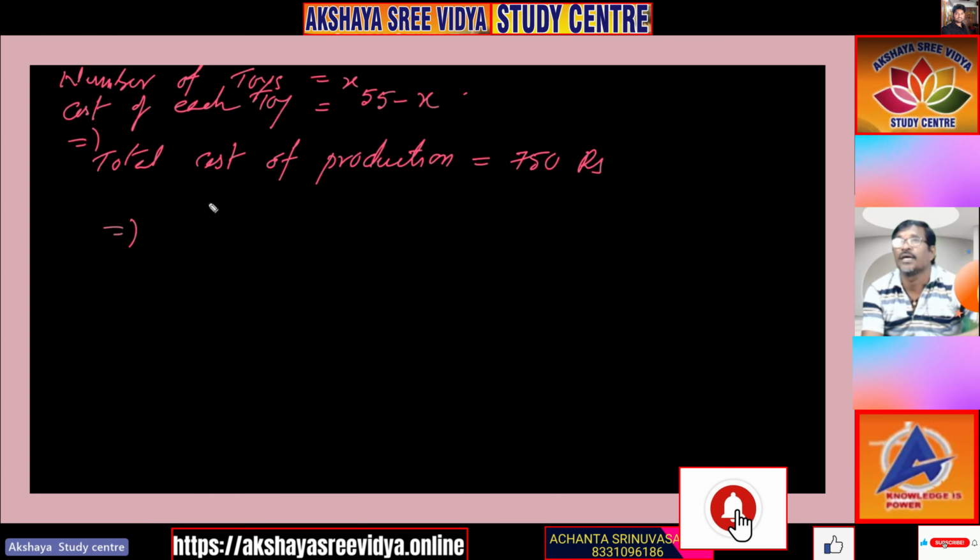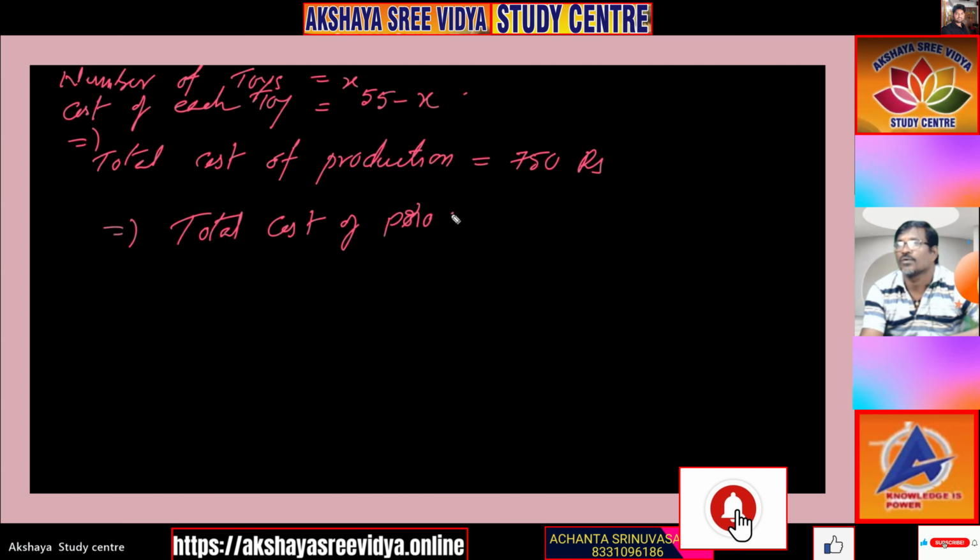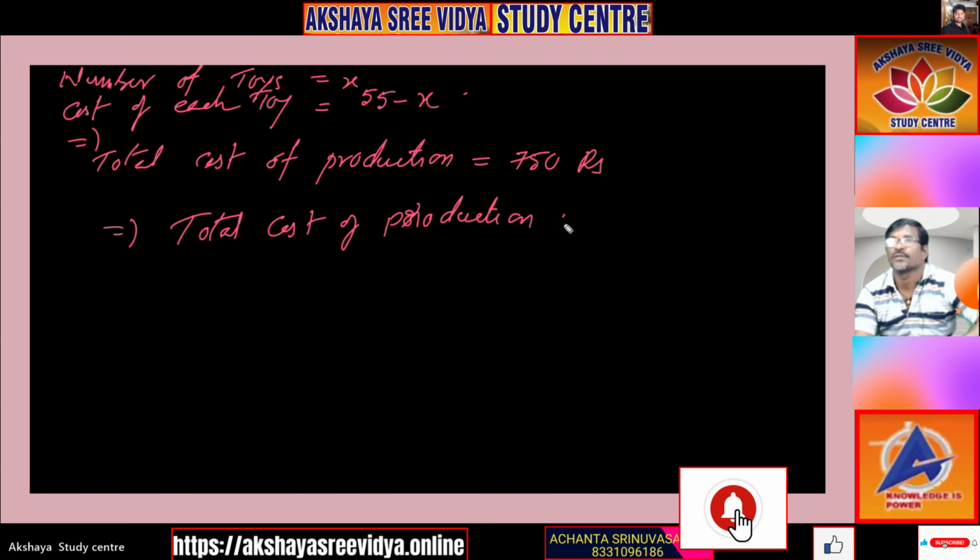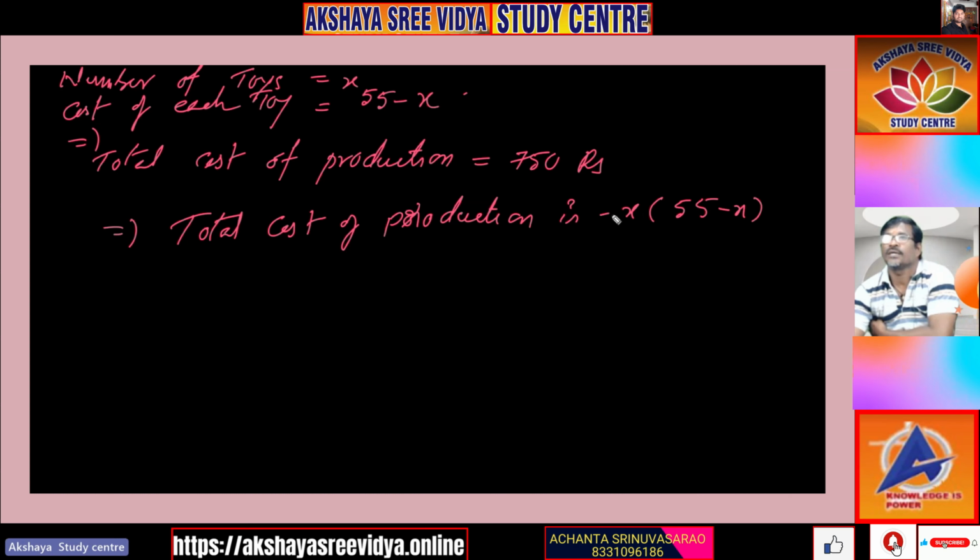But here number of toys is X. Each toy cost is 55 minus X, and total cost of X toys is x into 55 minus x. Both are equal.